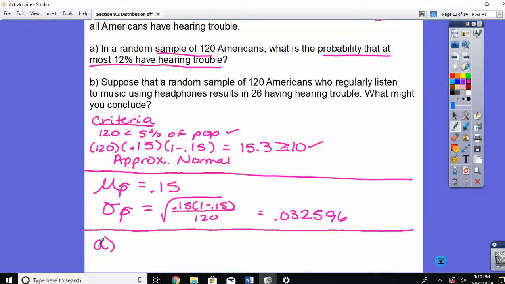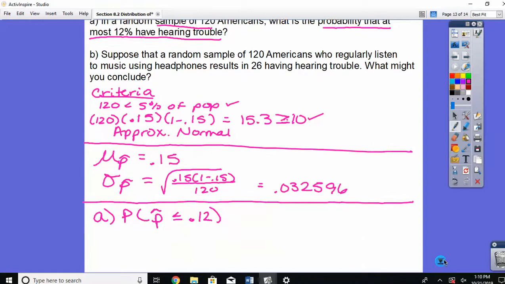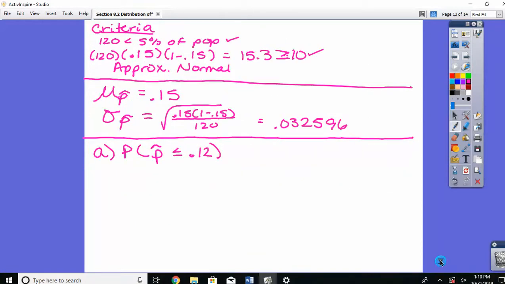Part A, I want the probability that at most 12%, so that's my p hat, because I'm talking about a proportion. At most would mean the p hat is less than or equal to 0.12.